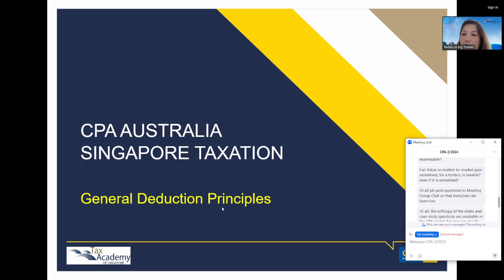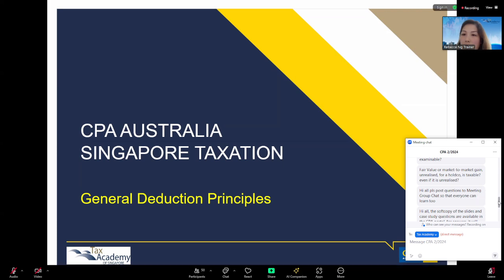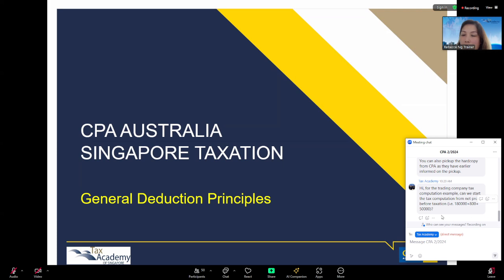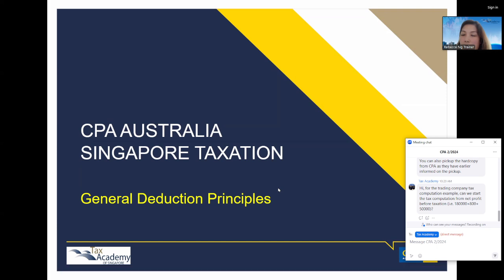Okay, I have a question for the trading company tax computation example. Can we start the tax computation from net profit before tax of 180,000 plus 800 plus this? Okay, so I think you are referring to slide 11.